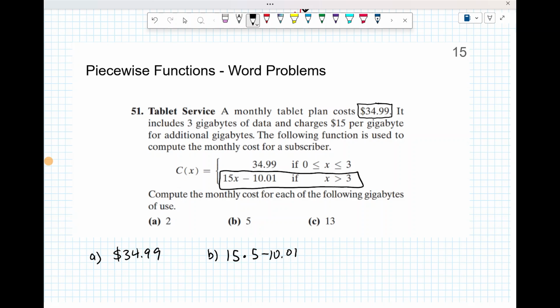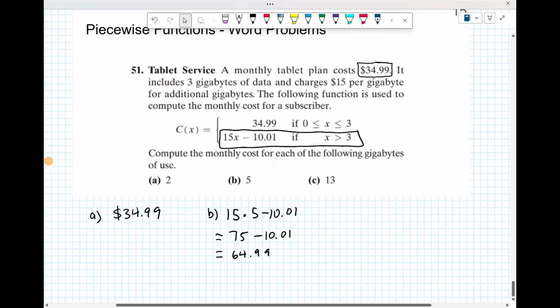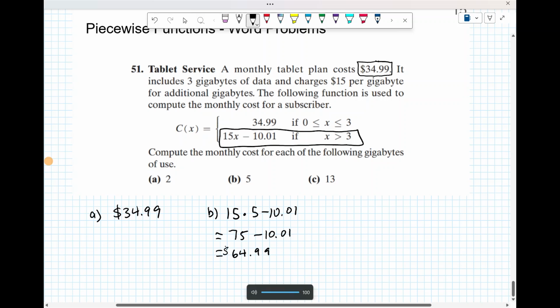I'm going to get out my calculator just to make sure. And 75 minus 10.01 is 64.99. So that will be my answer.